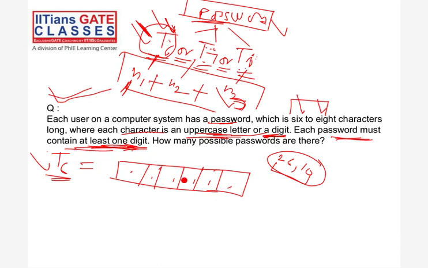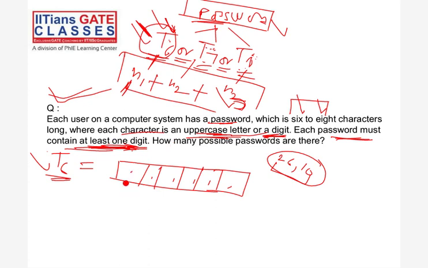Then we subtract those passwords which do not have any digit. If we subtract those, automatically we will have only those passwords which have at least one digit. So this is our target.